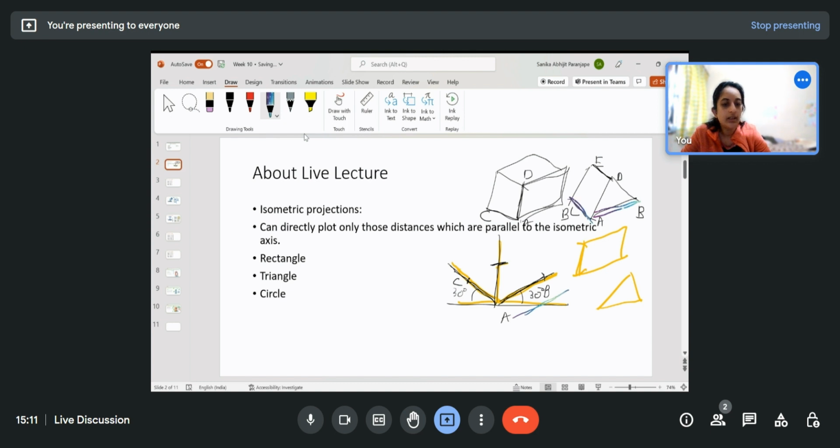Line AC can be parallel to this axis, but there is no line which can be parallel to the vertical axis. Since AB can be parallel to this axis, you can plot it directly here.